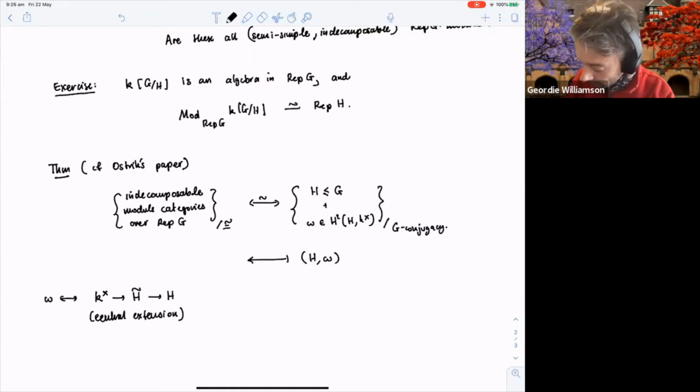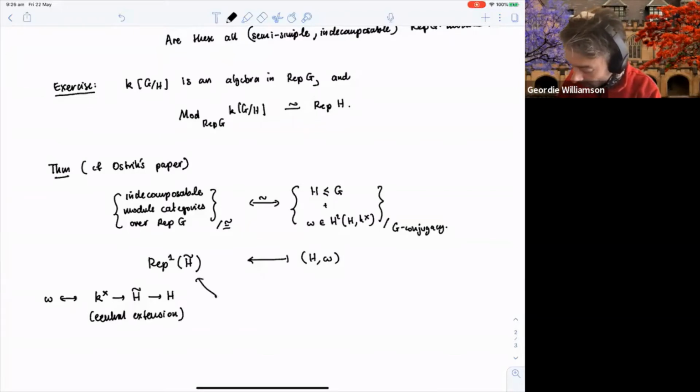And this corresponds to rep 1 of H tilde, where this is reps of H tilde on which K star acts via the identity character.